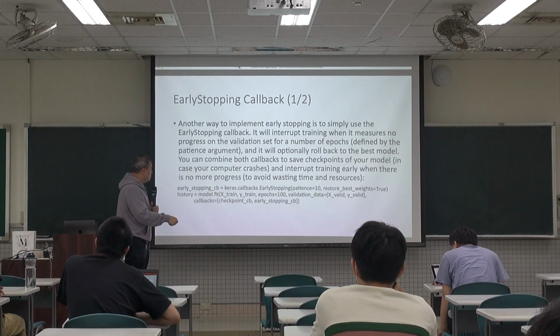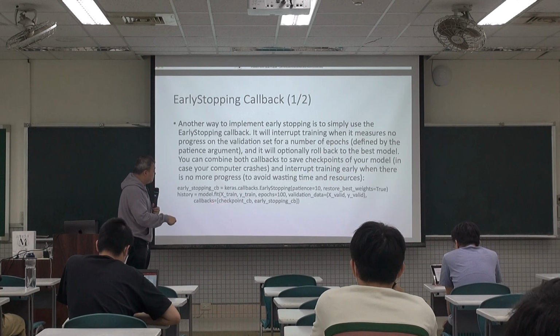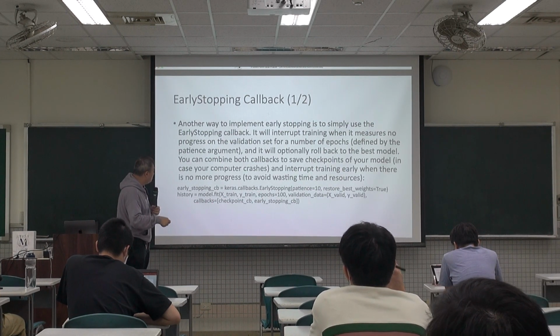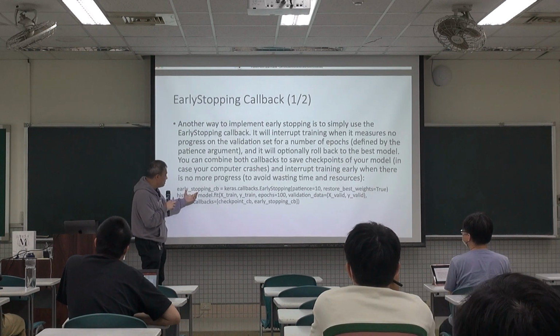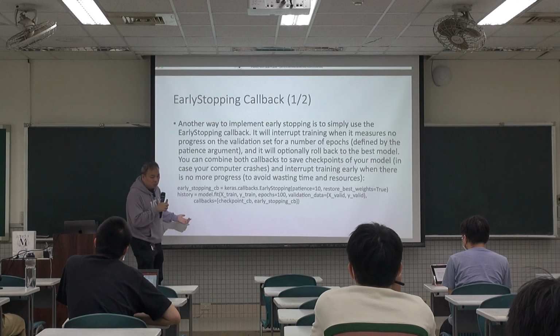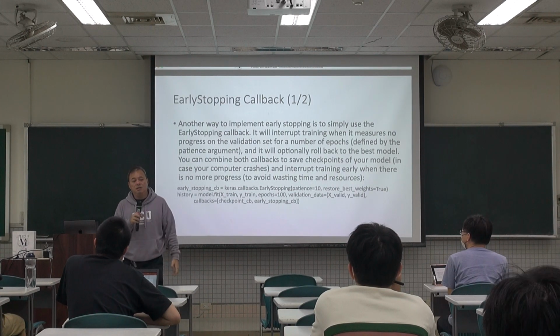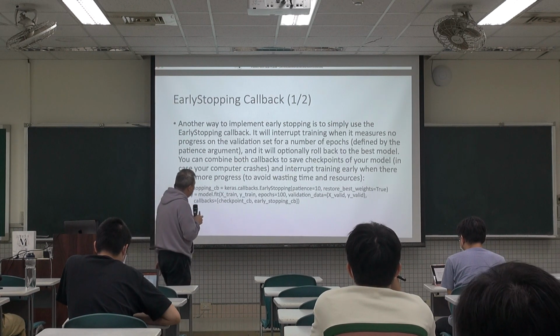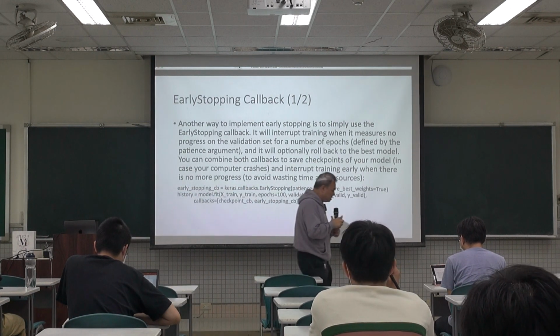So you specify the checkpoint callback and the early stopping callback, both of them. And once you are done, because you set up this early stopping callback, the model will automatically be restored to the best one. So this is how early stopping is implemented in deep learning.